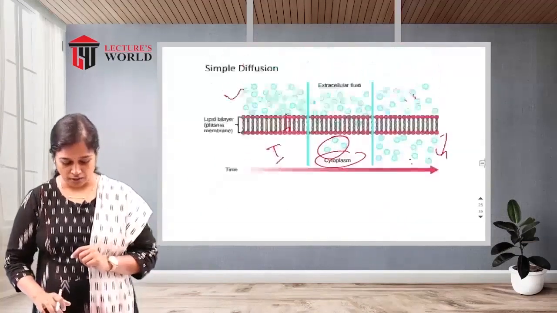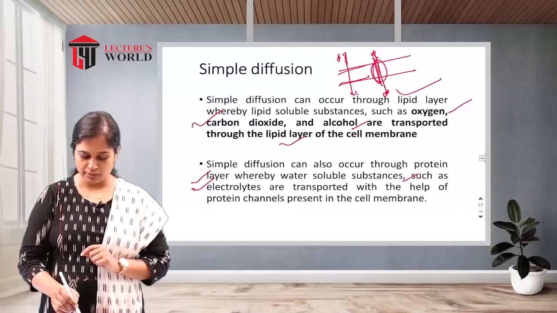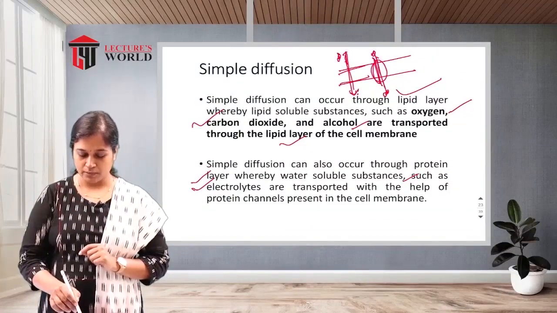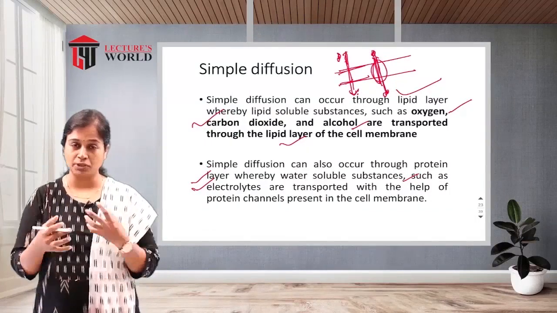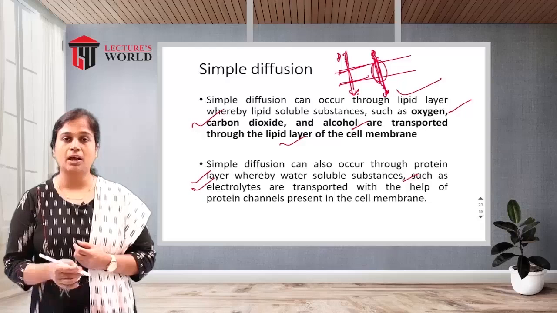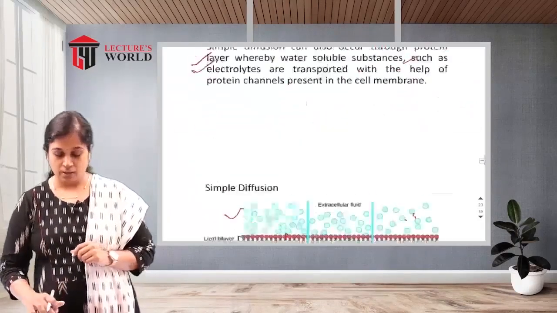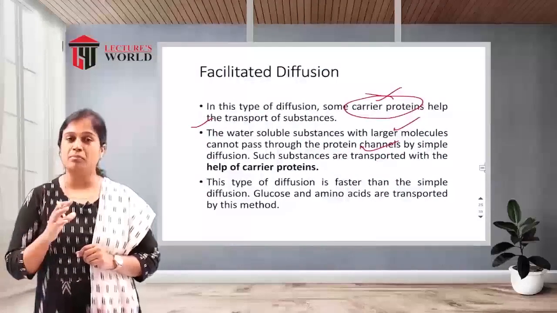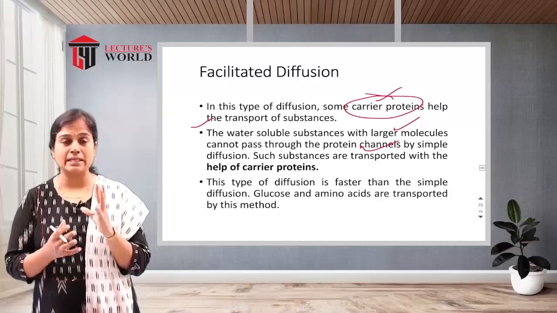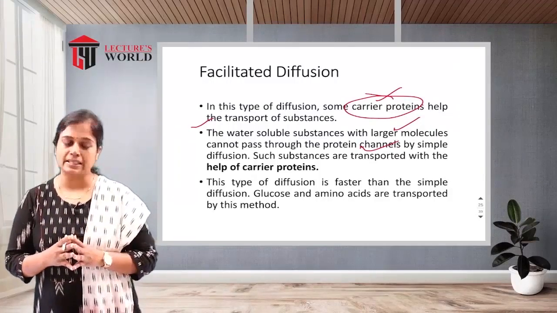In simple diffusion, molecules can come directly through the lipid bilayer, or water soluble molecules can come through the protein channel if they are very small. But water soluble molecules which are large in size need a carrier protein, and that's why it is called facilitated diffusion.